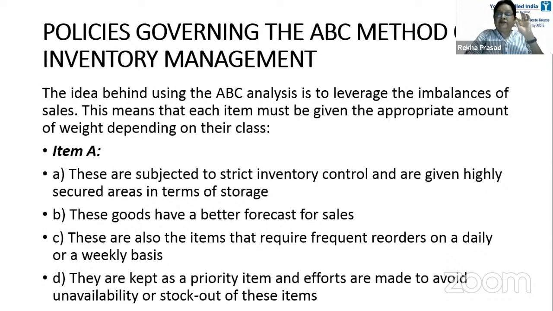These goods have a better forecast for sales. यहाँ सेल का है, मान लीजिए आप उसको यूज भी कर रहे हैं, जैसे मैंने बताया एक इंजन या ऑटोमोबाइल, हो सकता है आप सेल कर रहे हों, तब भी क्योंकि इनकी वैल्यू ज्यादा है तो नेचुरली इनका रिटर्न भी ज्यादा आएगा, and it is few in number, तो ये almost all of them will be sold, तो इनका फोरकास्ट भी ज्यादा सही है.